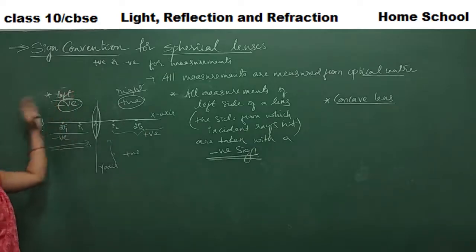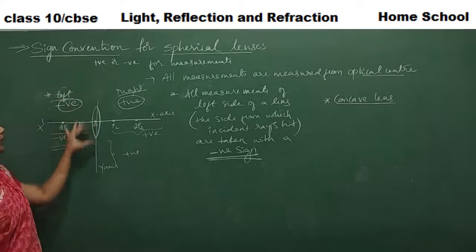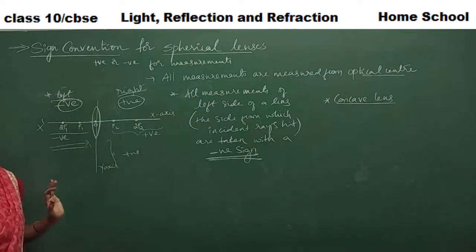So that means this side only we pass incident rays, right? So whatever measurements that come this side are taken with a negative sign, right?